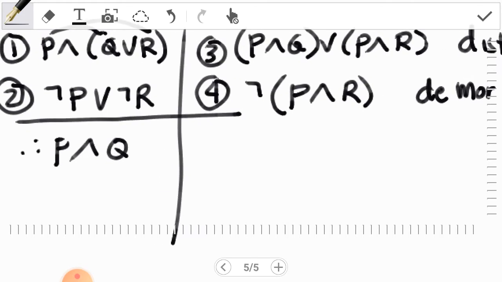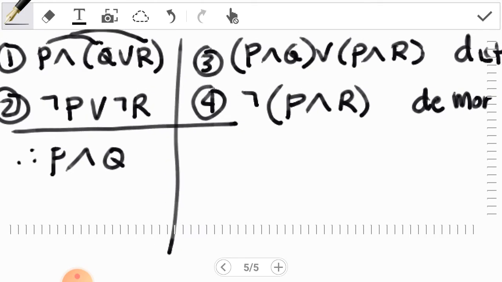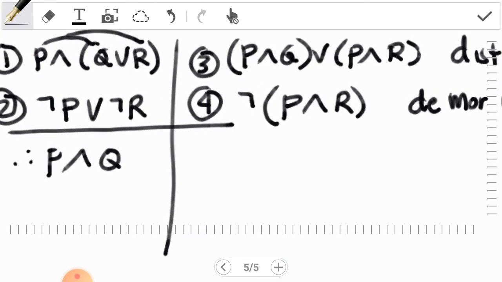After using De Morgan's rule in premise number 2, look at what we have obtained here. We have P and Q or P and R, not P and R. And P and Q is what we desire as our conclusion, so we need to get rid of this. Go now to your list.